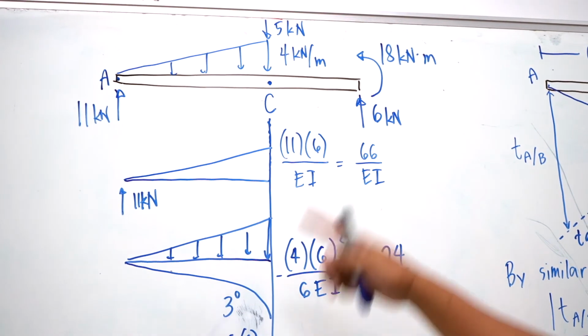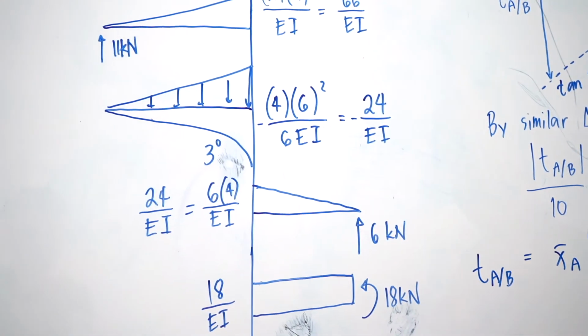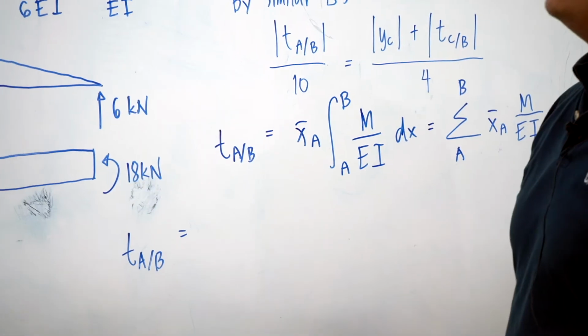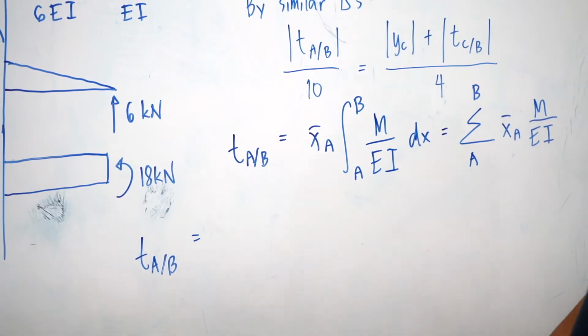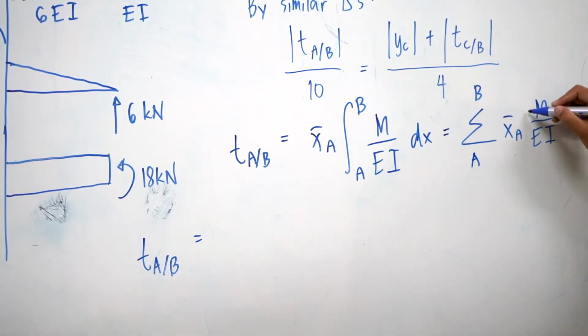So, we have 4 areas to consider. Let's start at this one. The tangential deviation of A with respect to B is x bar times the area under the M over EI diagram.